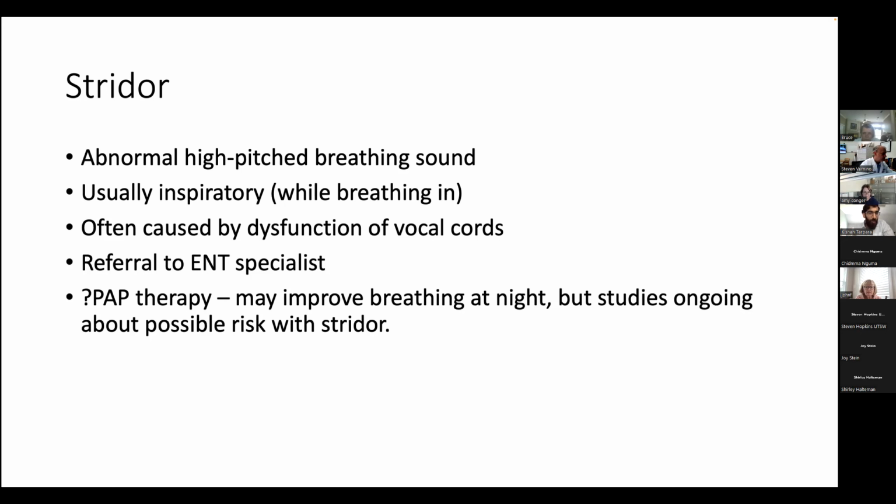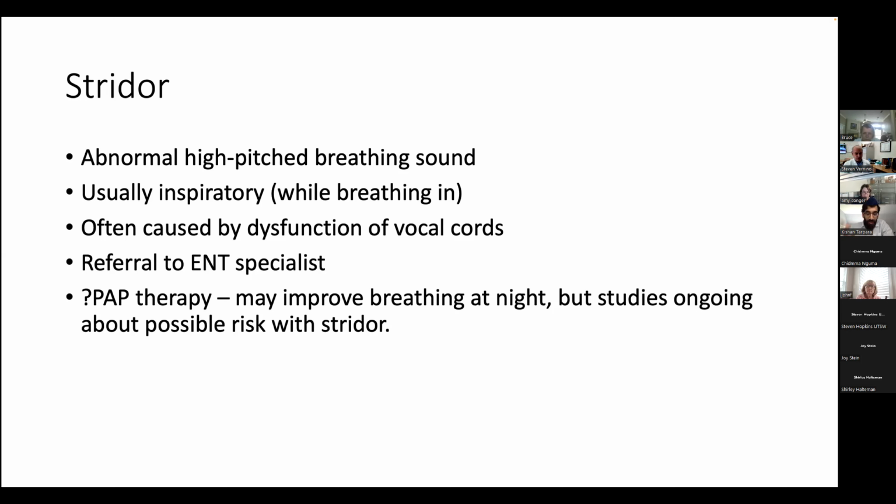It's oftentimes useful to get an evaluation from an ENT doctor to see if this is actually going on. It's an area of active investigation to see what can be done about this. Sometimes, if it's a tight, rigid vocal cord, they can put in some medication or some injections to loosen or relieve some of that tightness.